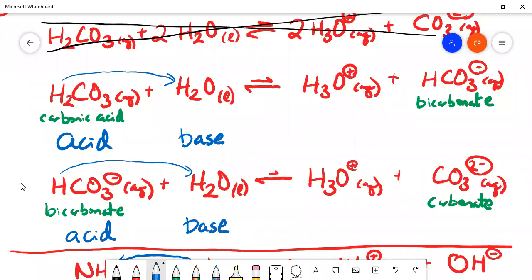And we're going to coin a term, conjugate, to represent the relationship between carbonic acid and bicarbonate. If carbonic acid behaves as an acid, then the thing that has hydrogen ions given up, bicarbonate, is carbonic acid's conjugate base.